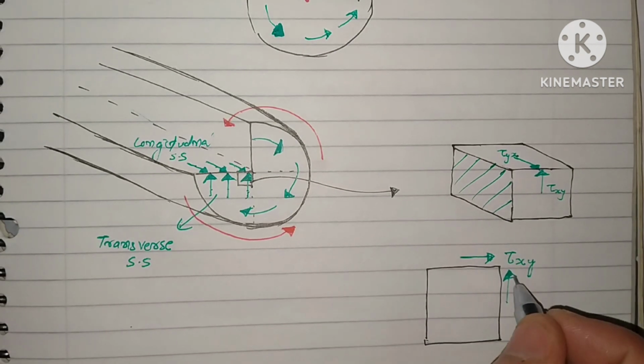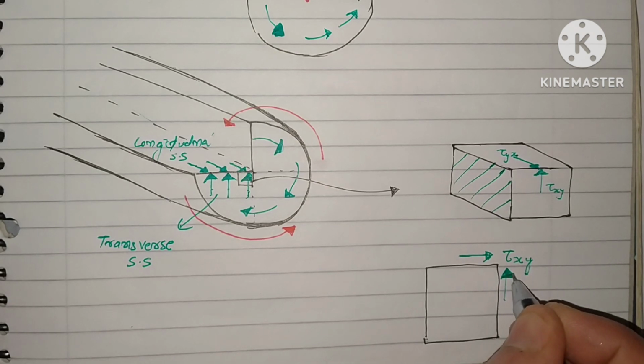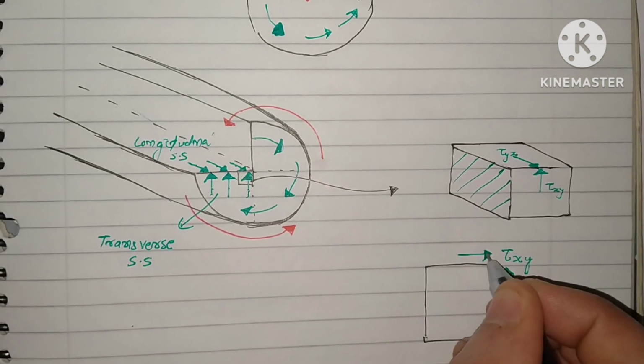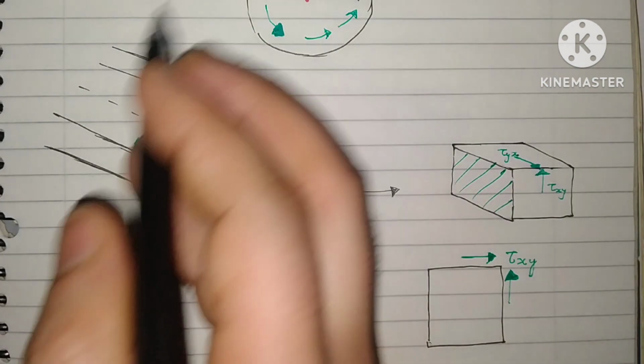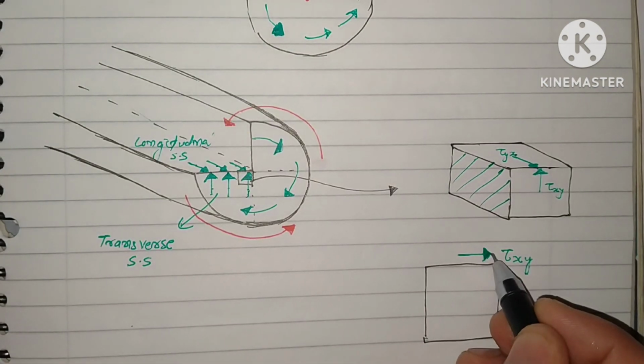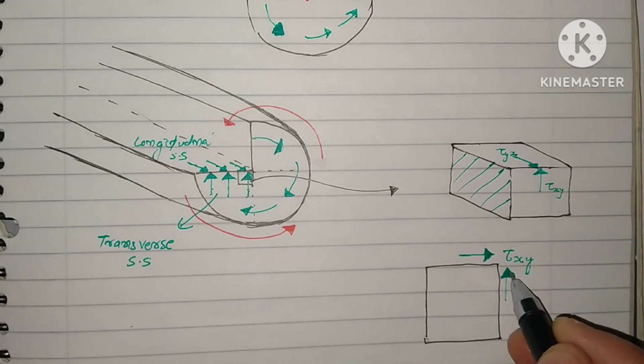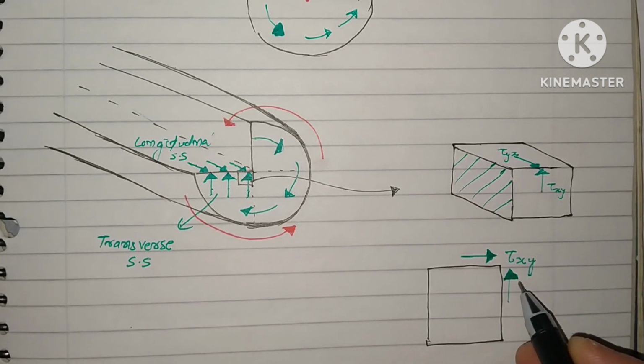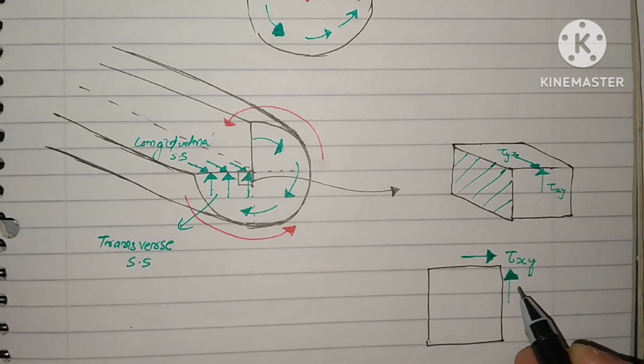These types of diagrams are represented in the books. The whole concept is like this. The important concept for shear stress is the sign convention: how shear stresses are represented, what types are positive, and what types are taken as negative. That will be discussed in the sign convention.